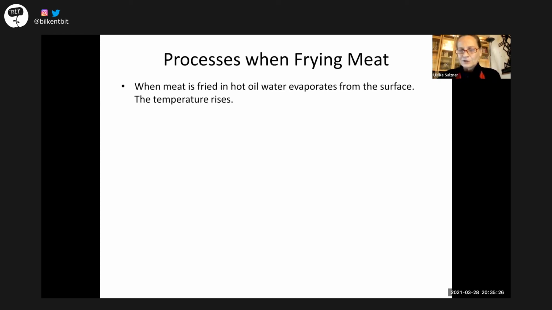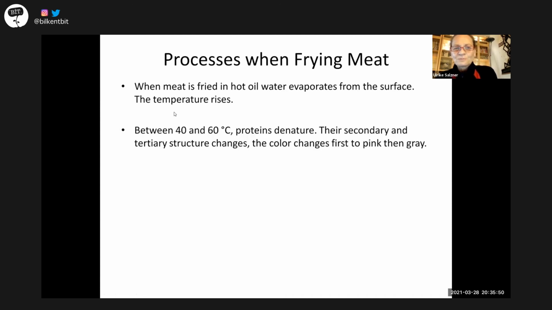And then the temperature goes higher than 100, and the browning reaction starts. When you fry and it starts browning, you are at around 150 degrees, when the browning reaction is most efficient. And this makes the flavor molecules, which taste very good. This is why we have to go to this temperature. Otherwise, you simply have cooked or stewed meat, which is not so tasty.